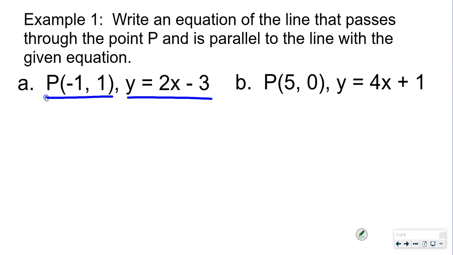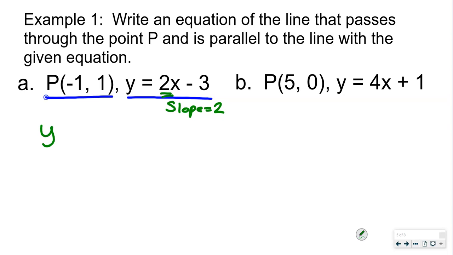So if it's parallel, we know it's going to have the same slope, and our slope is 2. So our new line, our parallel line, is also going to have a slope of 2. So we know the slope, and we know a point. We can use point-slope form.